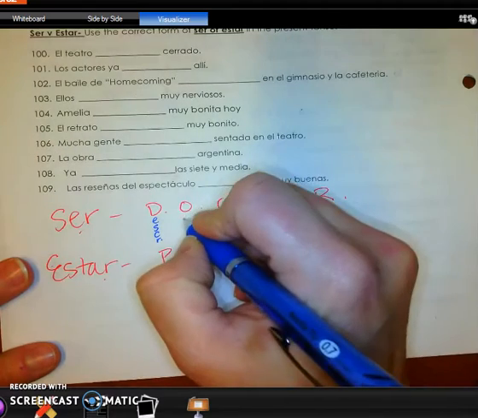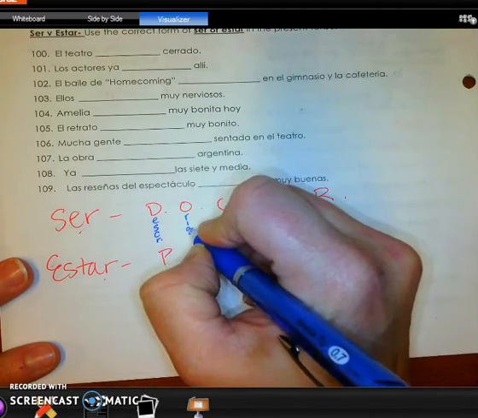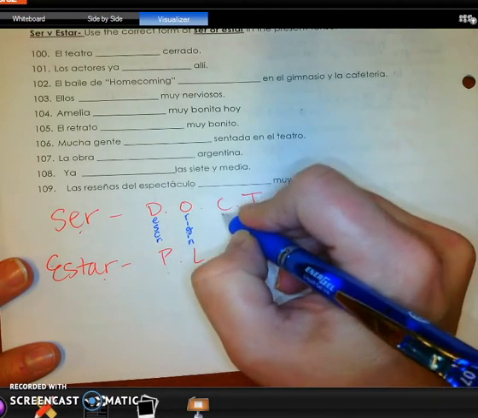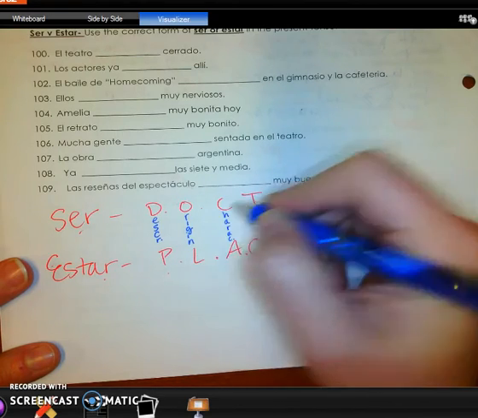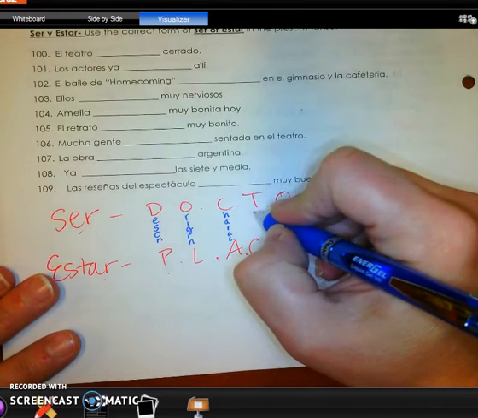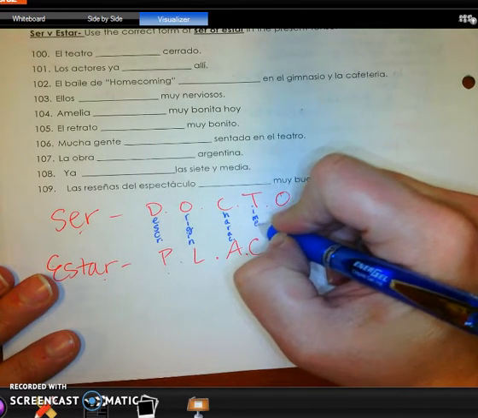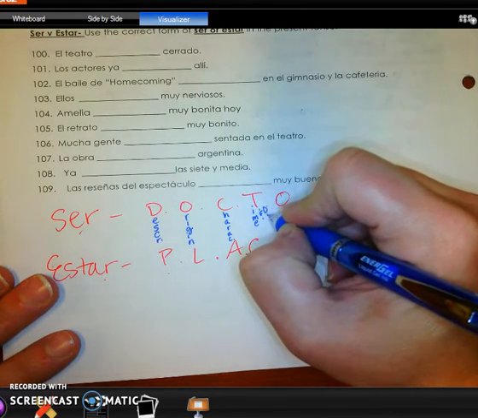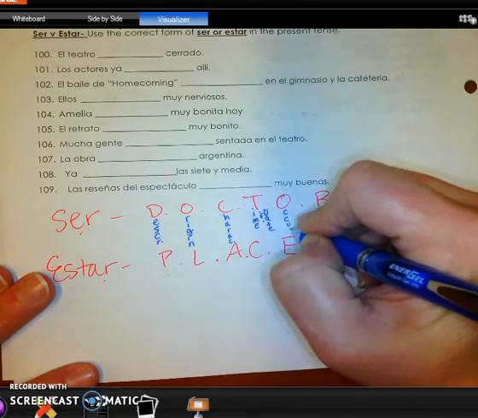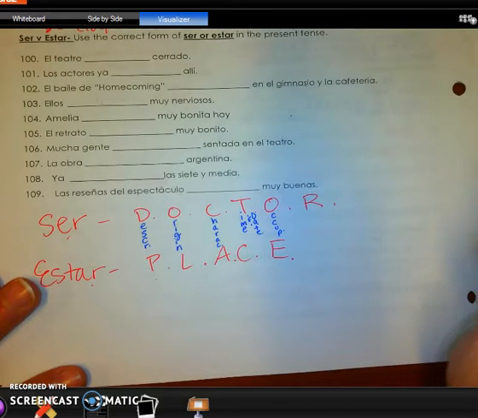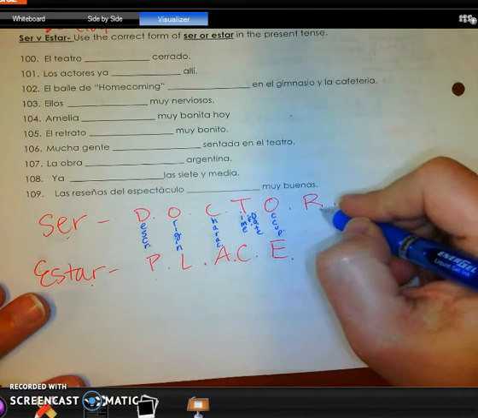D is for description. O is for origin, as in where are you from? C is for characteristic. T is for time and date. O is for occupation, as in I'm a doctor, you're a student, so on.